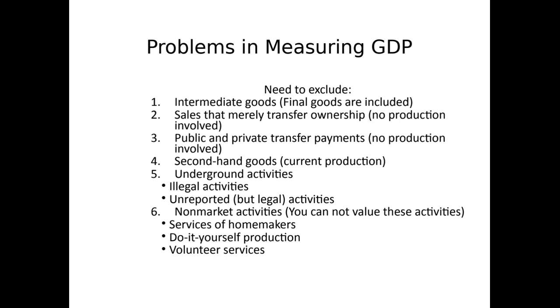That is do-it-yourself production. In many developing countries, people are providing these services without any market price attached. So you can't add volunteer services and services of homework. These are not included in GDP.